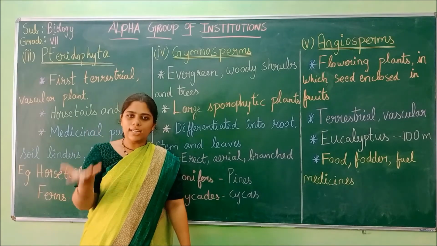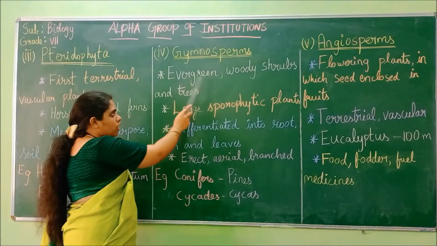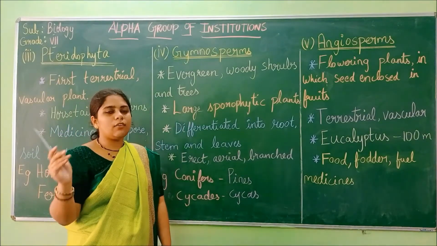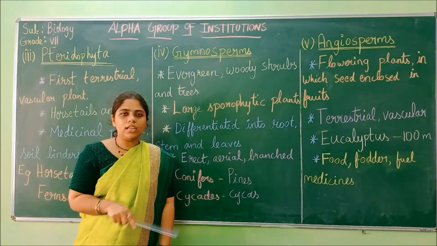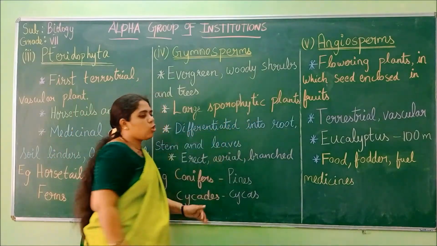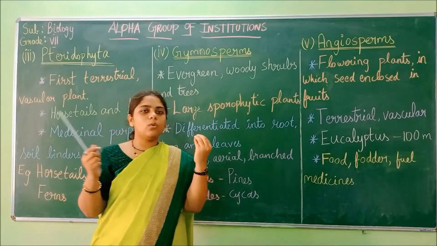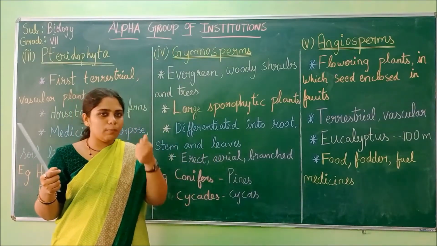They will be greenish all over the year. That is why they are called evergreen, always green. Next is woody shrubs. Shrubs are small bushes, and woody means the branches will be stronger.